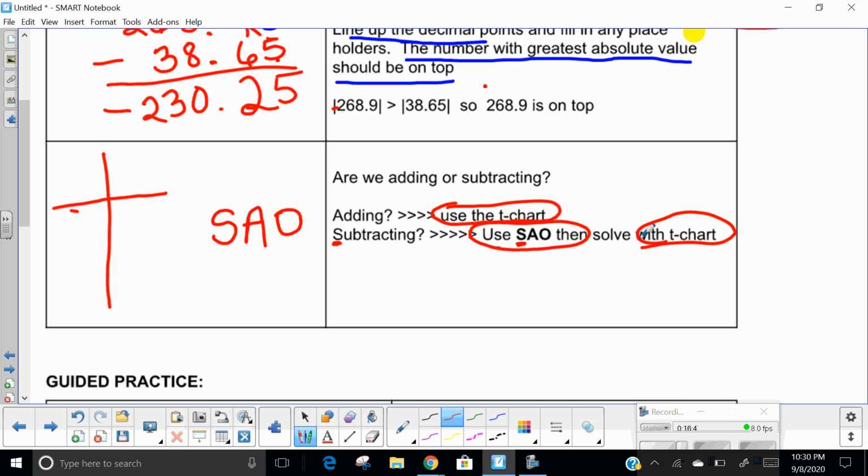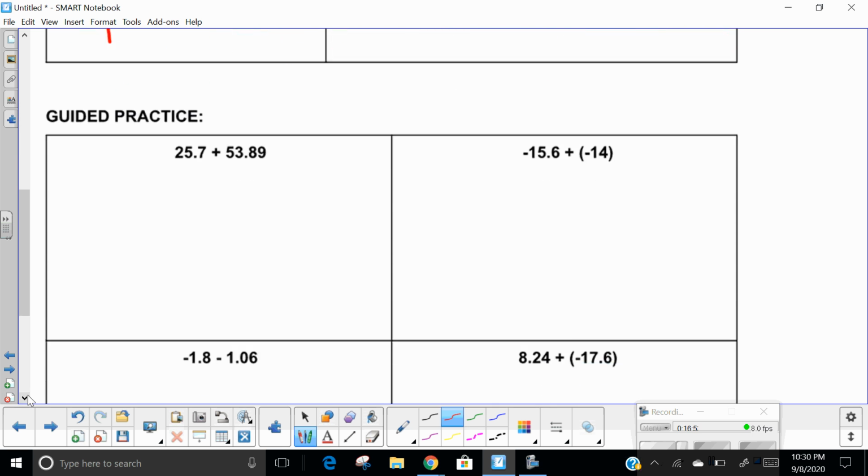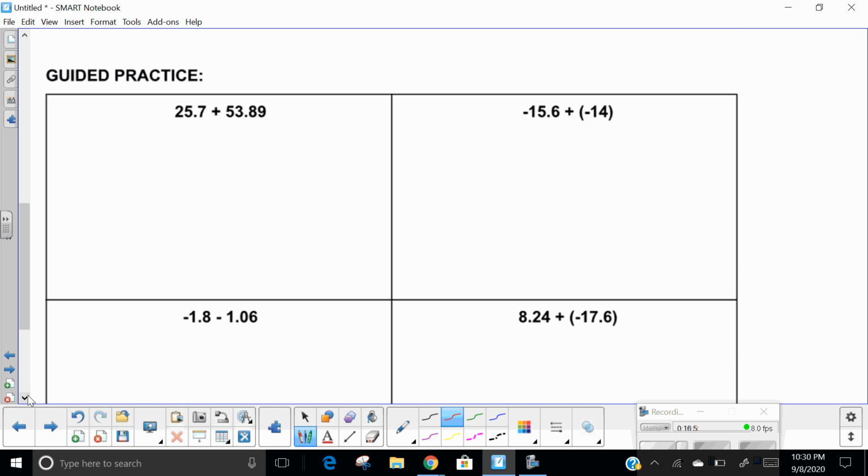Okay, so let's look at a couple of problems just to give you some guided practice. Okay, first thing you should do is write your T-chart down. So let's write our T-chart down. Remember, this is addition. This tells me what to do for addition. So we have same sign, add, different sign, subtract.